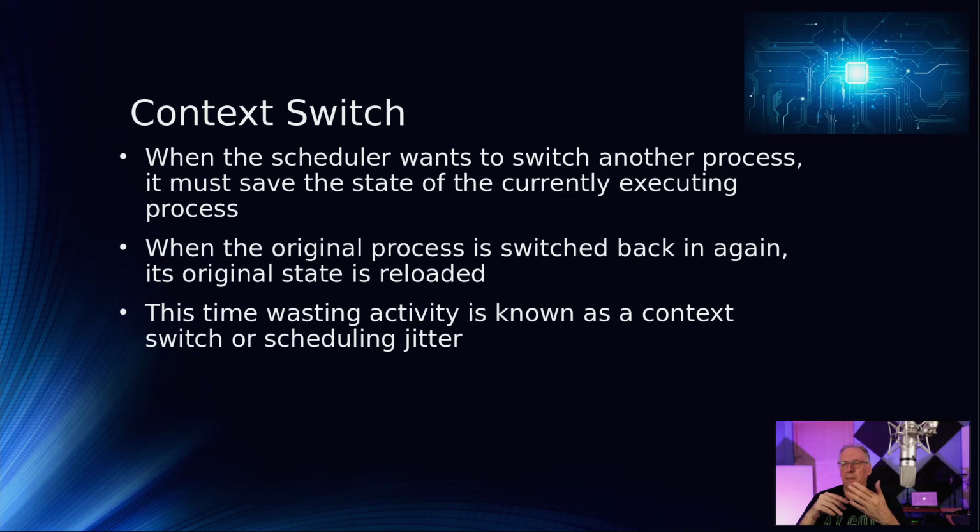All right, so we have a program, we have a process, and now we have it running, and it's starting to be swapped in. It's in the processor, and now the scheduler is pulling it out again. That's called a context switch. A context switch can occur several different ways.